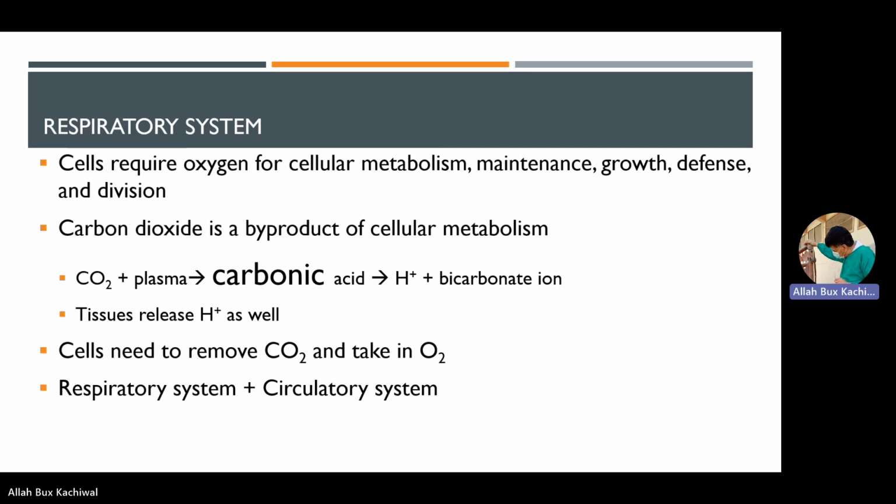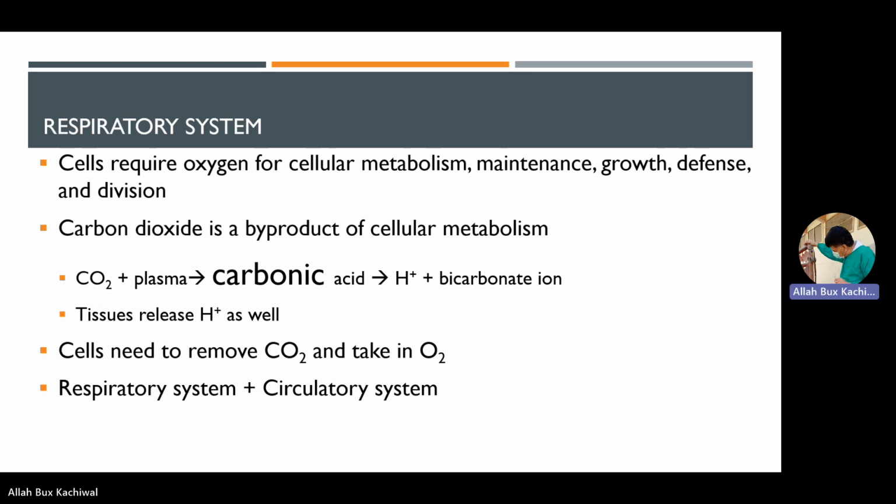Mostly the cells require oxygen for cellular metabolism, maintenance, growth, defense, and division. Carbon dioxide is a byproduct of cellular metabolism. Carbon dioxide plus plasma makes carbonic acid and even produces hydrogen ions and bicarbonate ions.